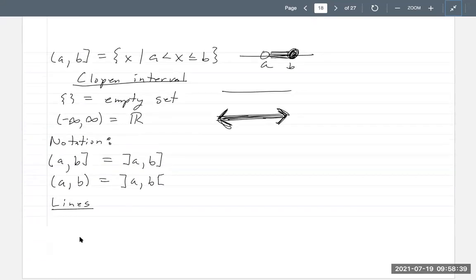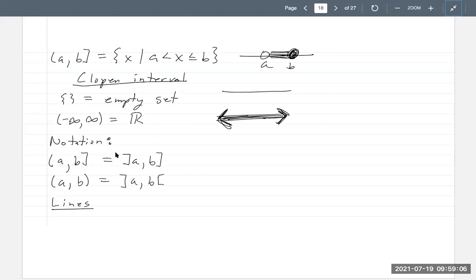Note, some people use the following notation. Rather than having parentheses, they use square brackets. If the square bracket is in the normal direction, meaning it includes the endpoint in the interval, then that's the closed one.